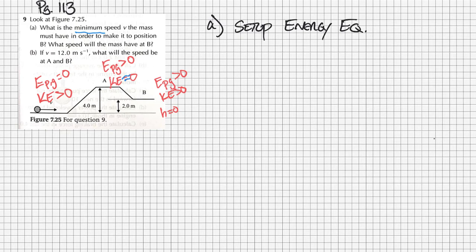And that's going to look like, okay, initially I have kinetic energy, and then that has to be conserved, so I'm going to have potential energy due to gravity at A, and then potential energy due to gravity at B, plus the kinetic energy at B. So here is position A, or my start, and here's position B. And again, the conservation of energy says that the energy at each position has to be conserved as long as there's no work done.